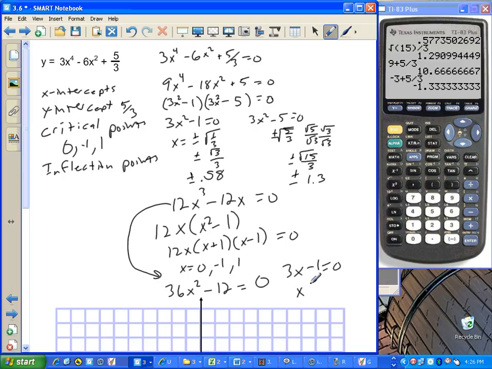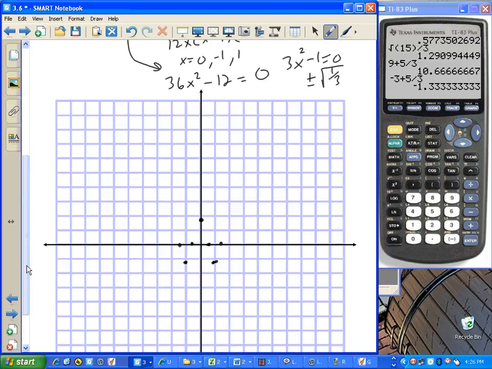Okay, so my point of inflection is going to be when x equals... Oh wait, I had a squared here. So plus or minus the square root of 1/3, which is actually... that was my 0.58. So these zeros here are actually points of inflection.